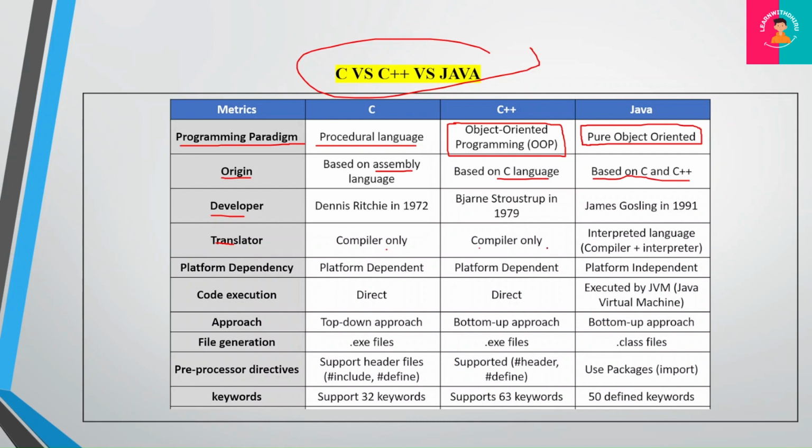Translator: compiler, interpreted language. Platform: C++ is platform dependent, whereas Java is platform independent.